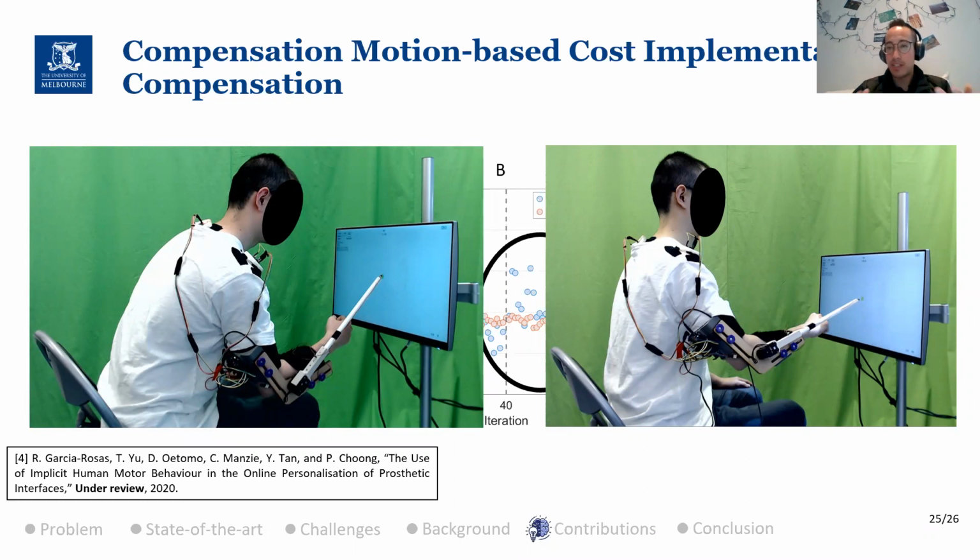And the personalization algorithm was operating on this compensation-motion-based measure of performance. To me, this is a big thing, because it means that we don't need to tell the person the measure of performance if we use something that is relatively close to what the person would be inherently or implicitly optimizing.